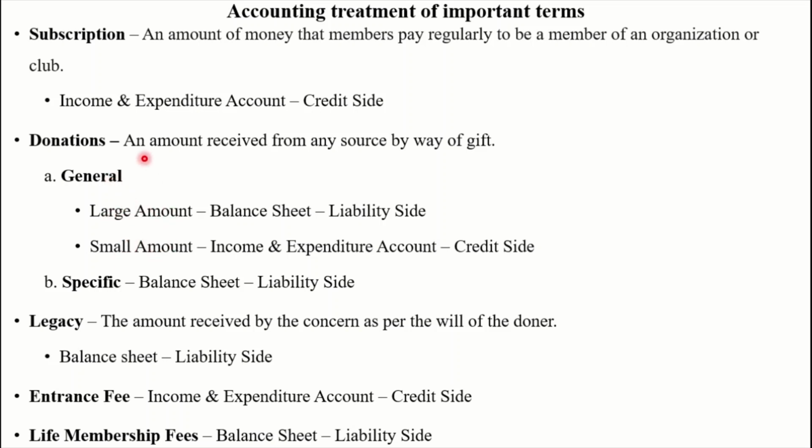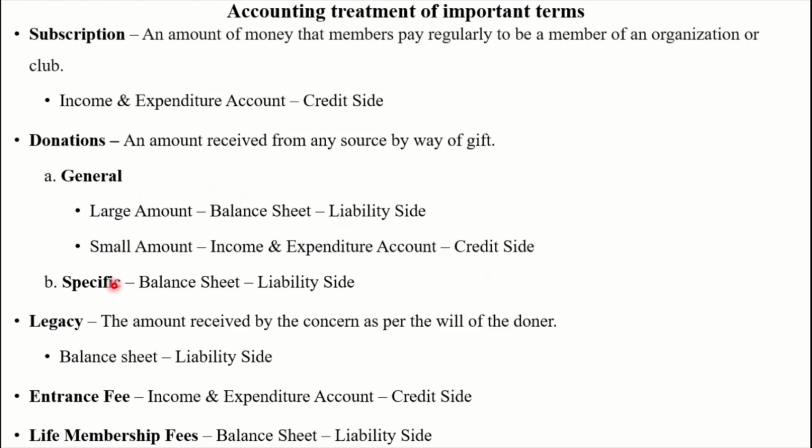If the donation is of large amount, we record it on the liability side of the balance sheet. If the donation is of small amount, we record it on the credit side of the income and expenditure account, because that is income for the non-trading organization.